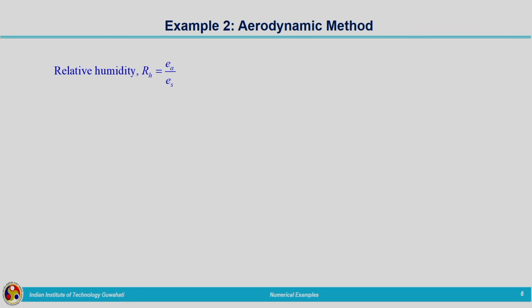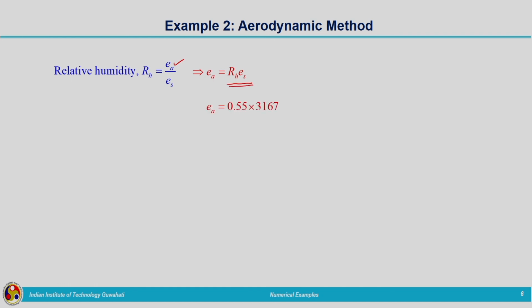Here we need to calculate the vapor pressure corresponding to a particular temperature. We have been given the saturation vapor pressure and also relative humidity, so we can make use of the expression for relative humidity for the calculation of vapor pressure in the air. So, EA can be calculated as RH multiplied by ES.